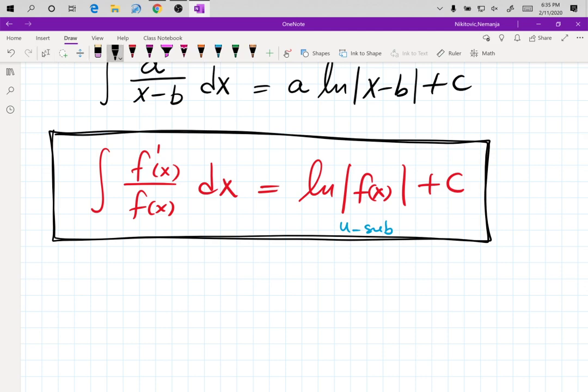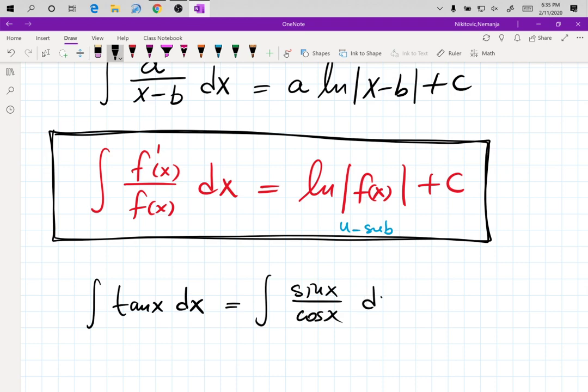Quickest, maybe best example is the integral of tangent x dx. Tangent x is not the basic integral, right? It's a composite, it's a u sub, because you have to write this as integral of sine x over cosine x dx, and then you run the u sub.